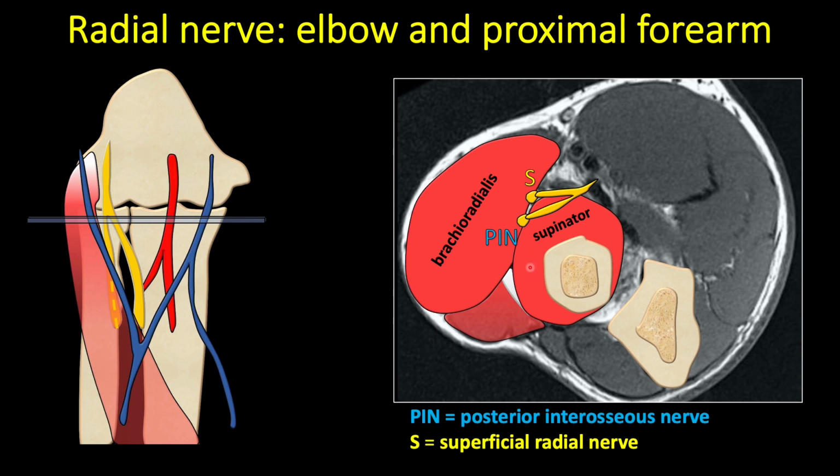The posterior interosseous nerve moves distally, going in a deeper and posterior direction, while the superficial radial nerve will be the one that is located more superficially.